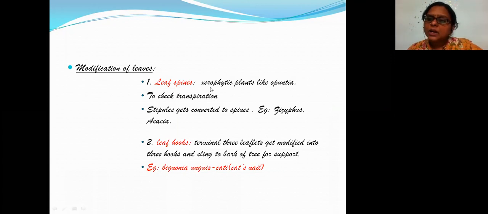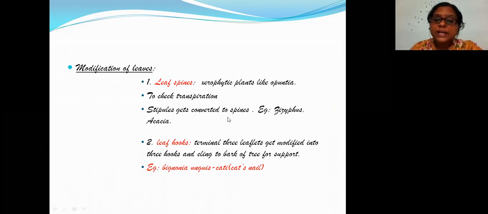Xerophytic plants, you remember, I've taken mesophytic, xerophytic and hydrophytic. Xerophytic means the plants which grow in a very low water area. So they need to control their transpiration, the loss of water. That's why their leaves are modified into spines. I told you cactus and all other xerophytic plants; you can even write cactus.